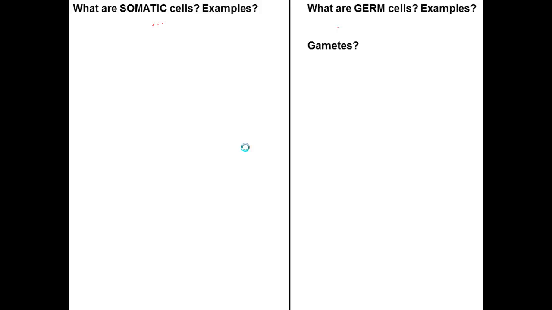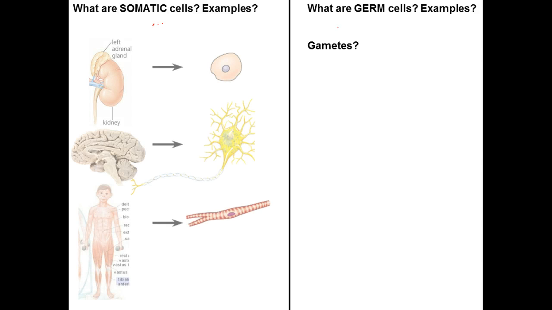Now, another few words that you need to know: what's the difference between somatic cells and germ cells. Somatic cells, another word is body cells, body cells that are not sex cells. So for example, kidney cells are made of nephrons, or brain cells are made of nerve cells.